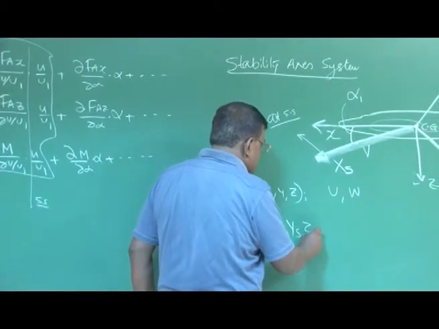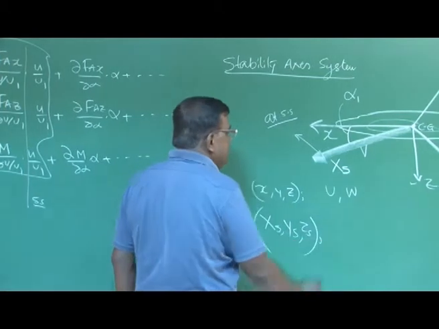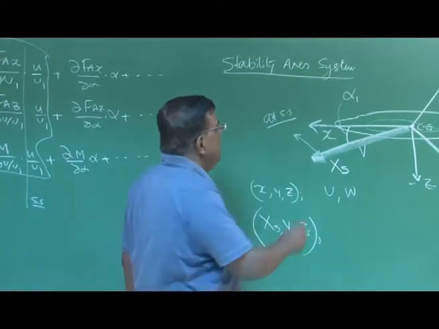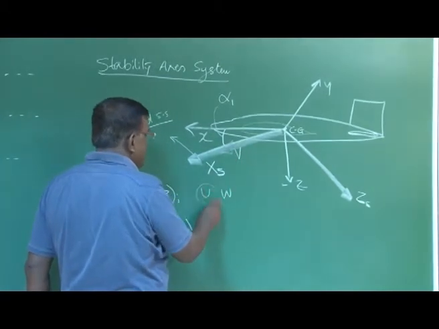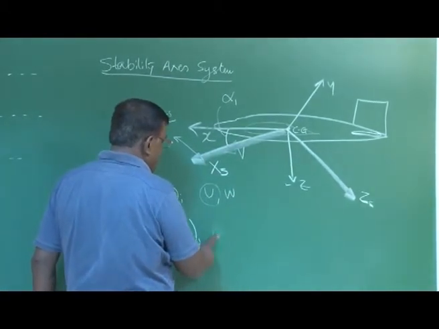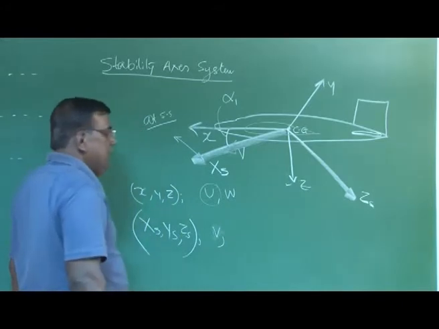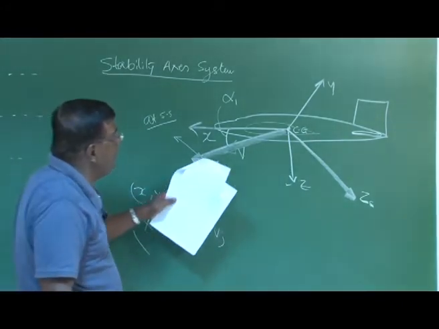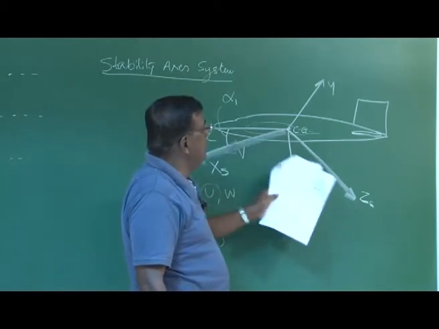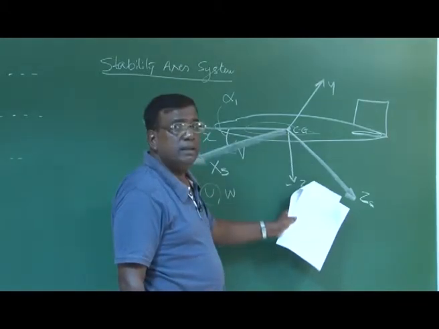However, once I am taking the xs, ys, zs axis system, which is the stability axis system, you know that the velocity along the x direction is u, or the total velocity V in the vertical plane. And there cannot be any component of this total velocity along a direction perpendicular to xs.